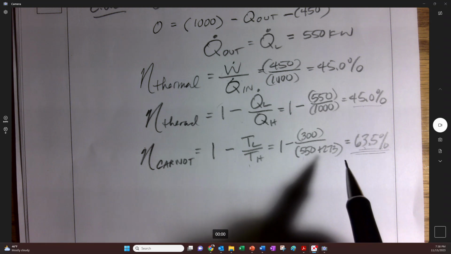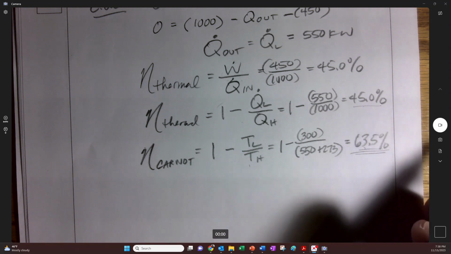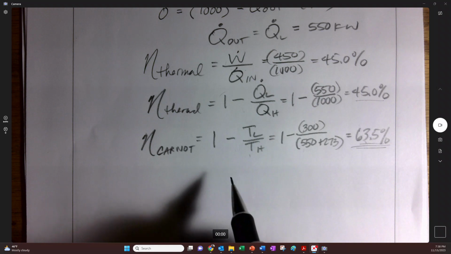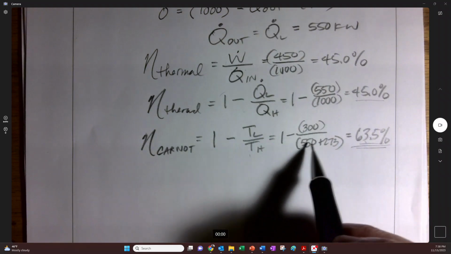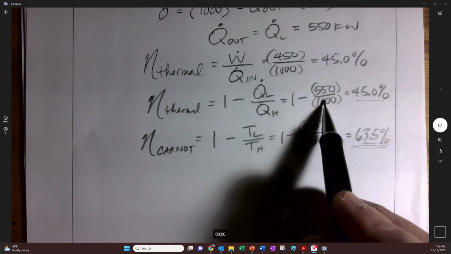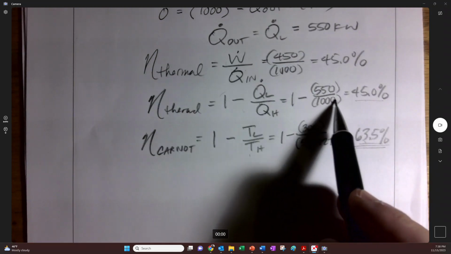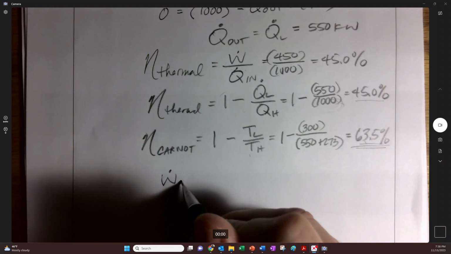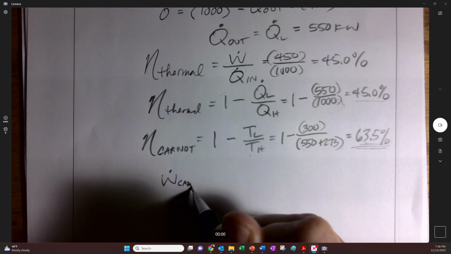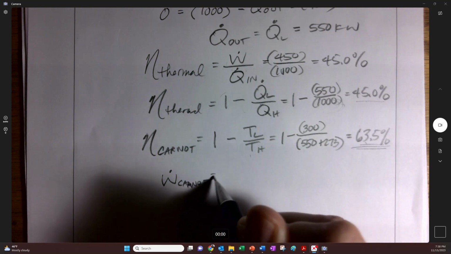Also note, sometimes in other circumstances we might want to find out how much work could be made with that 1,000 kilowatts of heat. How much Carnot work, or Carnot power, could we have gotten?